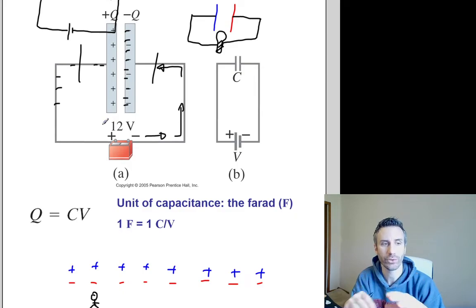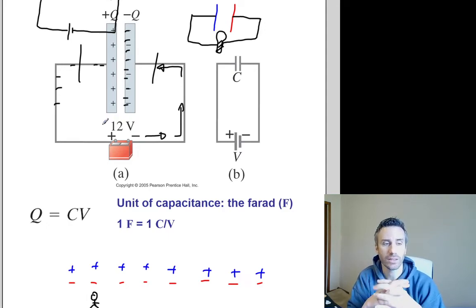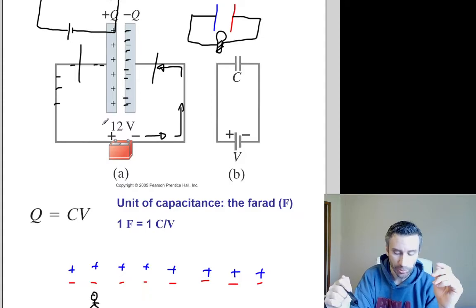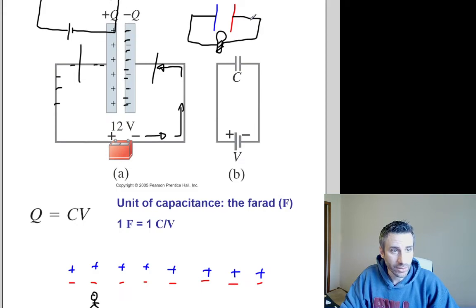They're not going to overload the system necessarily. Versus a capacitor, those electrons want to jump from one side to the other immediately. So basically, you blow up the light bulb, or blow up the motor, or whatever it is that you're driving. Now, you can put a resistor in there in order to slow the flow down, but that is essentially the difference between a battery and a capacitor.